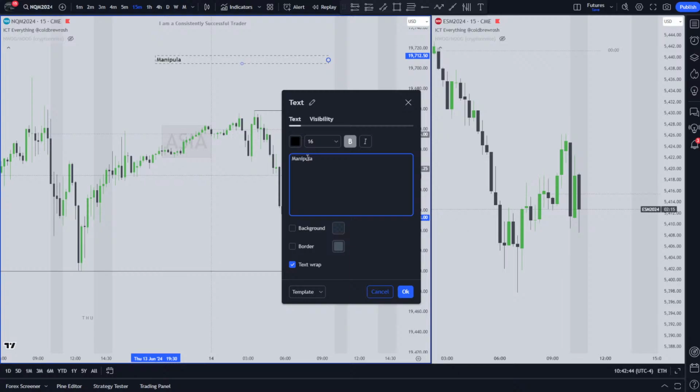Manipulated by 4-hour candle closures. Wait, no, manipulated by 4-hour candle close. Yes, slash YM.